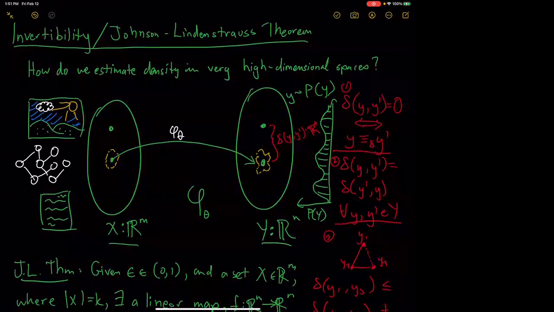If you have some kind of complex object in your input space and a transformation which maps this to a slightly simpler space of, so these are vector spaces, and then M is much greater than N.